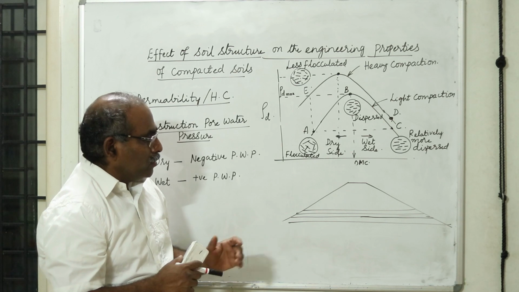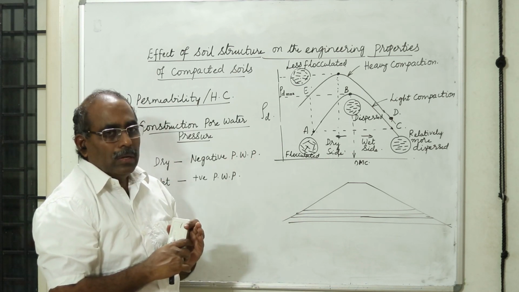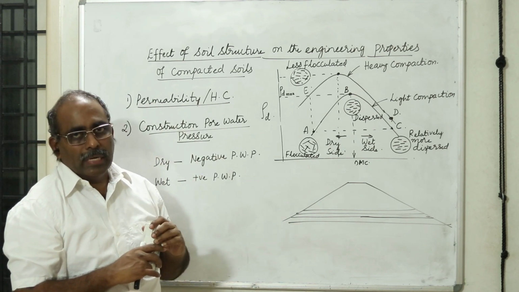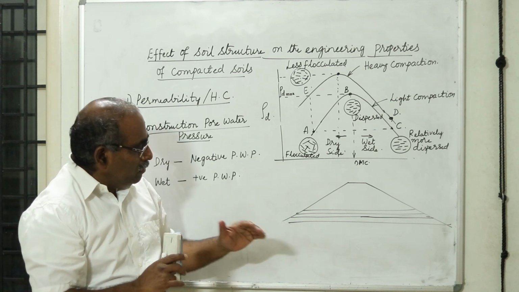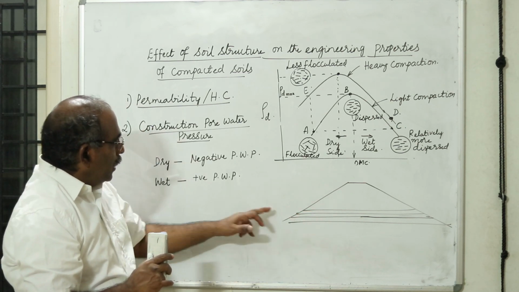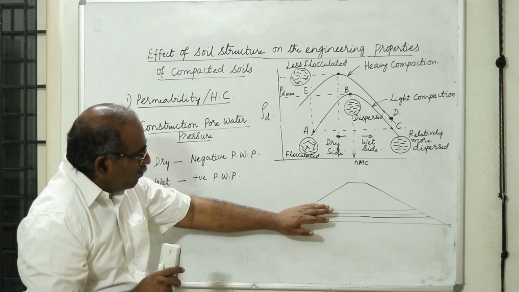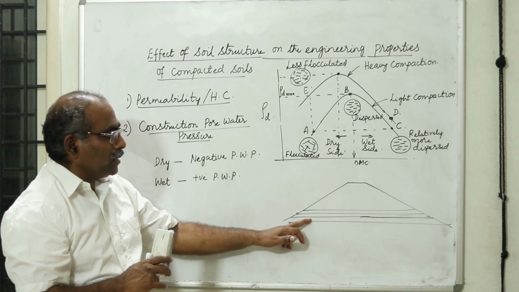Now you have to understand, students, when a mason is constructing a masonry wall, he will construct 7 or 8 courses in a day, not more than that. What happens, because it doesn't have the green strength, it will fall. Similarly, in the construction of a dam, each layer, when it is compacted, you are trying to induce some stress. Because of the stress, pore water pressures are created.